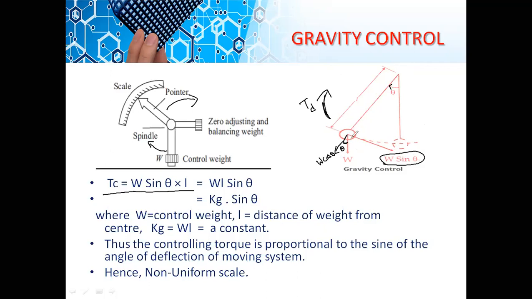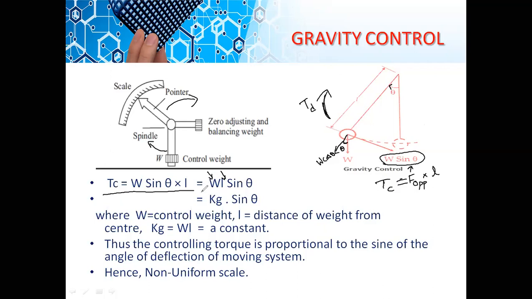So the controlling torque can be expressed as the force opposing the deflecting torque into distance, and that distance is L. So this F opposed is W sine theta. So the controlling torque is WL sine theta. The control weight is not changed until we open the box, so it is constant, and L is the distance from the center, it is also constant.